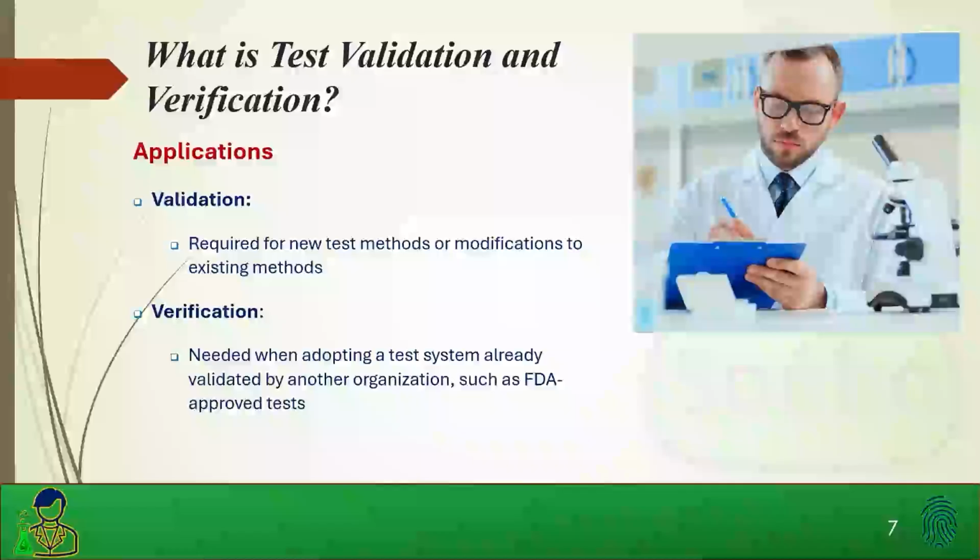So they approve the developed tests. There's a very extensive procedure to get a test system approved by the FDA. That's why if you're using an FDA approved test, then you only need verification, because it's already gone through extensive validation under a certain set of parameters.